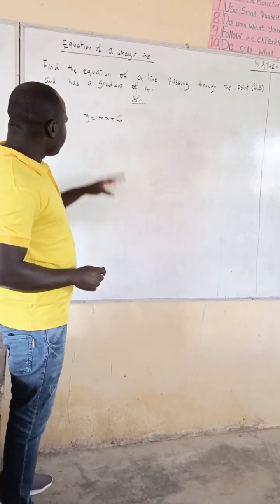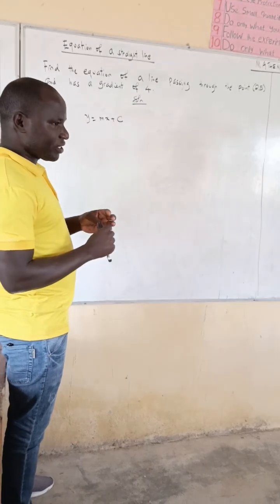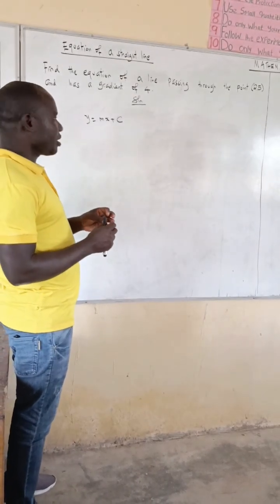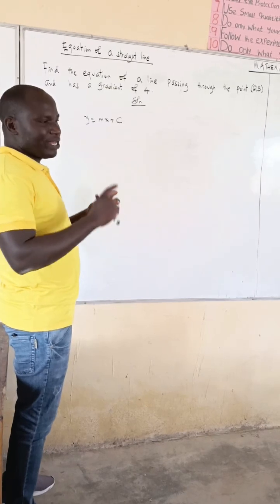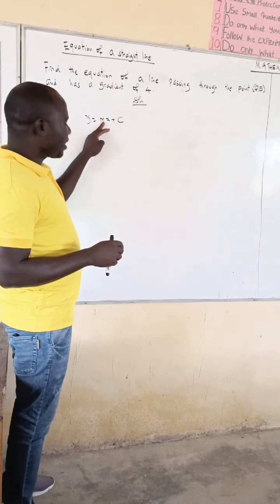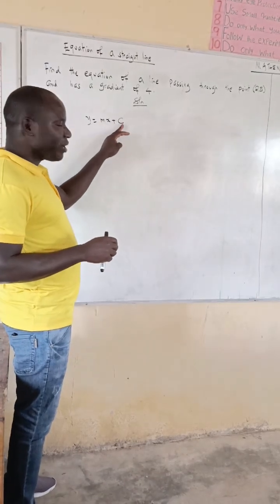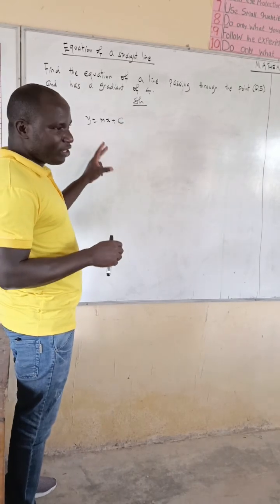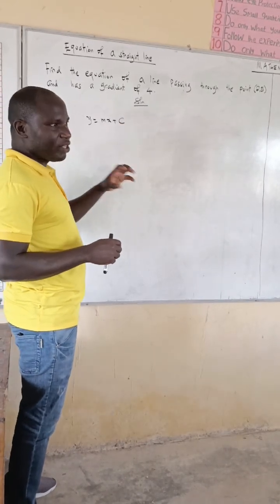When giving the equation of a straight line, usually we give the numerical values of the constants. The constants here are m, the gradient, and c, the y-intercept.